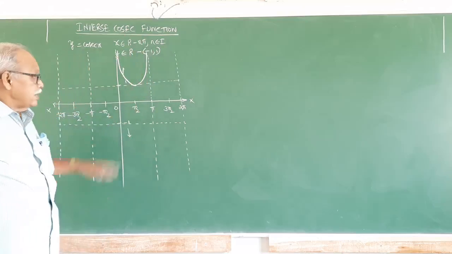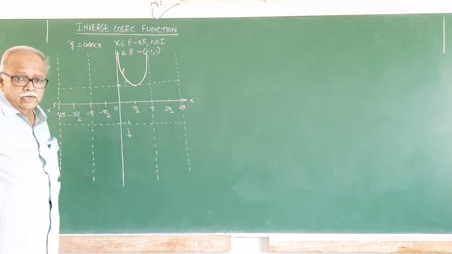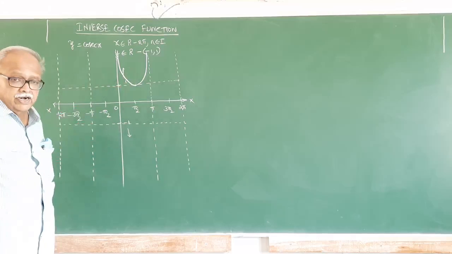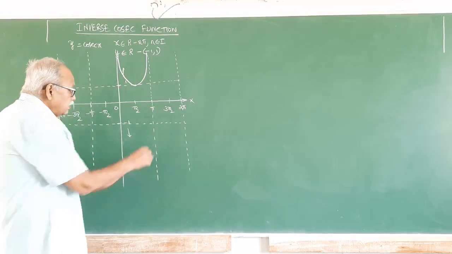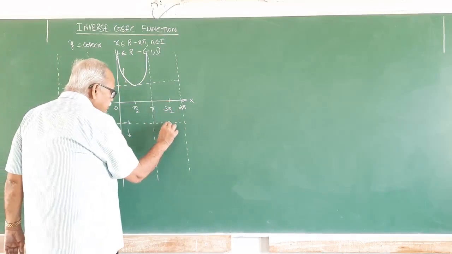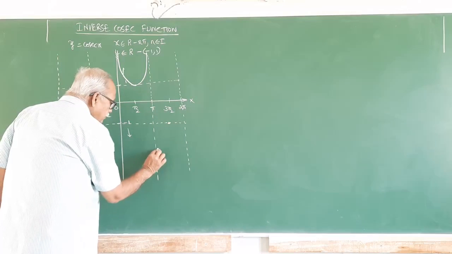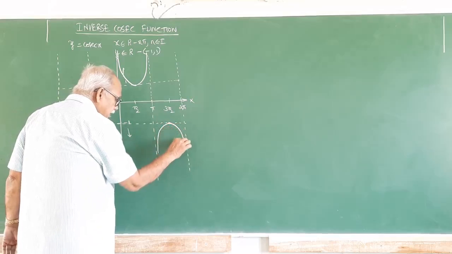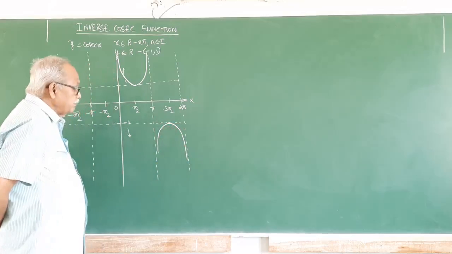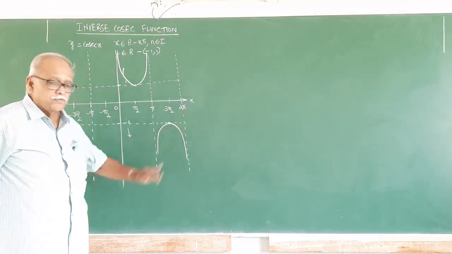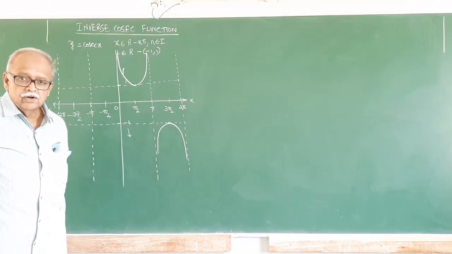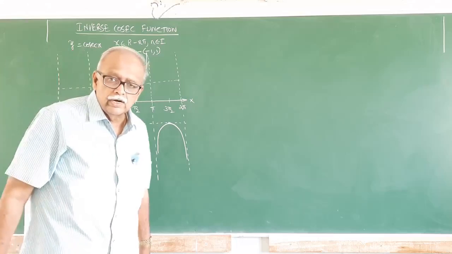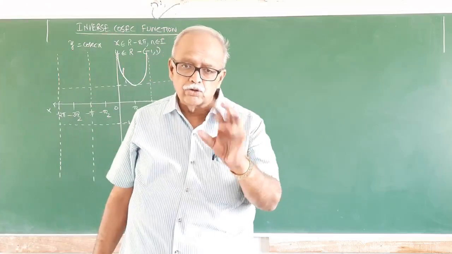In the first quadrant and second quadrant, cosecant x is positive. Now we draw cosecant of 3 pi by 2, which is minus 1. The graph comes from minus infinity to minus 1 and then again goes to minus infinity. That is the third quadrant and fourth quadrant: pi to 3 pi by 2 and 3 pi by 2 to 2 pi.